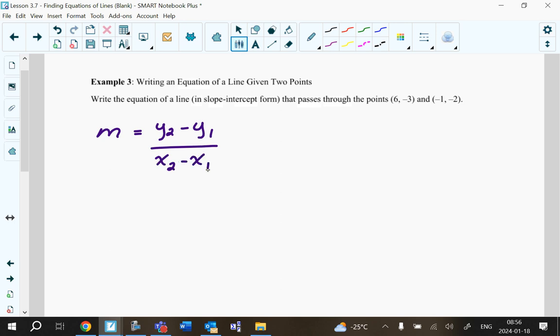So we'll call this one x1, y1. We'll call this one x2, y2. So it's going to be -2 subtract -3, which is going to change to plus, over -1 subtract 6.